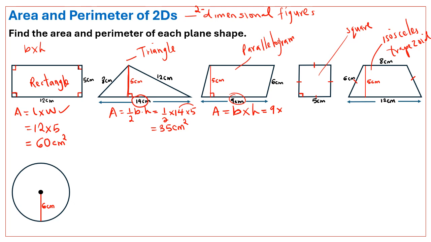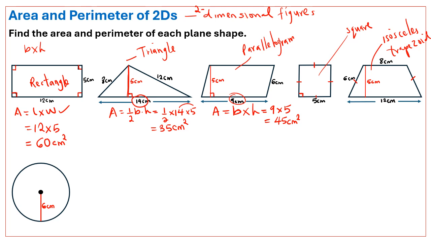We would not use 12 as the height, since this is the slant height. And 8 is also slant, so that's why we did not need them to calculate the area of the triangle. We need to be extra careful. So here it will be 9 times 5, and 9 times 5 is 45. So again, we will have 45 square centimeters.